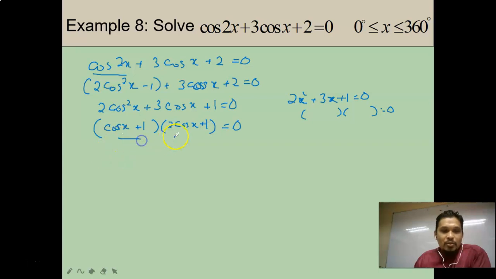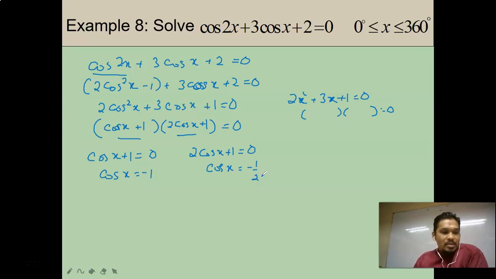With these two factors, cos x plus 1 equal to 0 and 2 cos x plus 1 equal to 0, then cos x equal to negative 1, and cos x equal to negative 1 over 2.